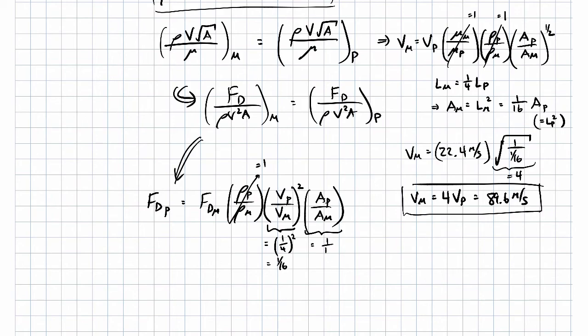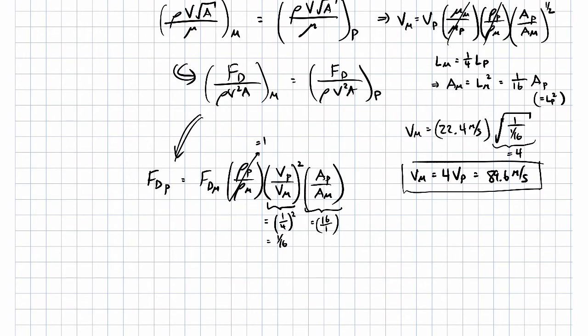So that'll be also 1/16. Oh no, I'm sorry, that should be 16. I've got that flipped upside down. It should be 16 over 1. Yeah, there we go. So when you calculate that, you'll see that the 16s cancel out, and so we're left with the drag in the prototype is actually equal to the drag in the model.